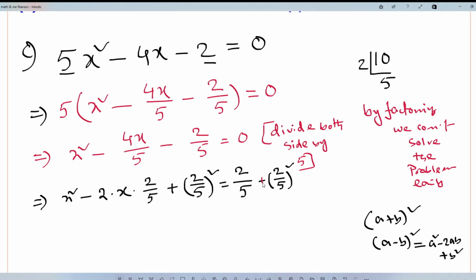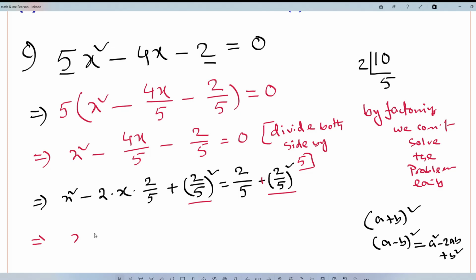We should add here, not subtract, because this one is extra, so on both sides we will add 2 by 5 whole square.